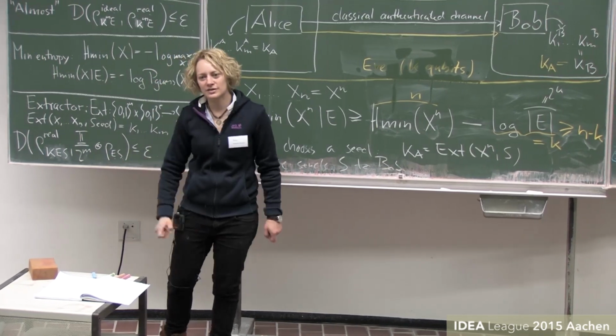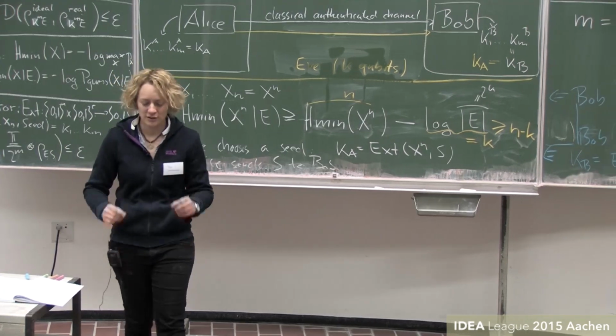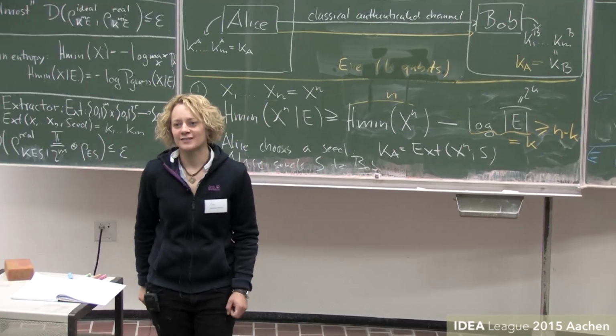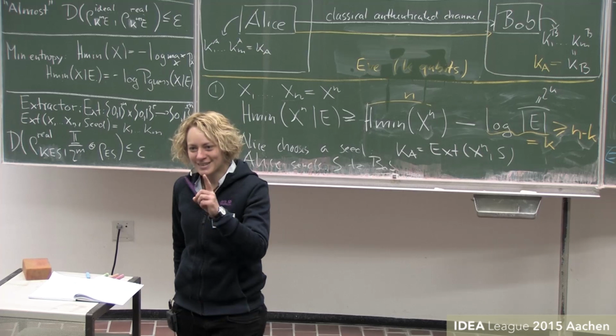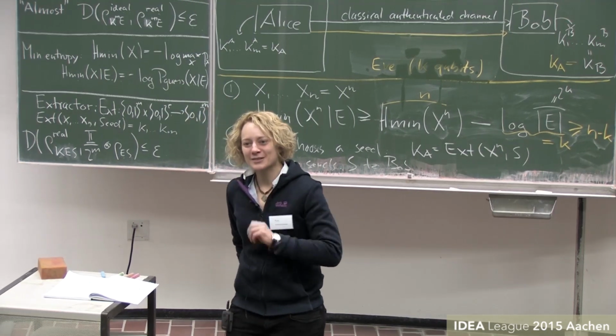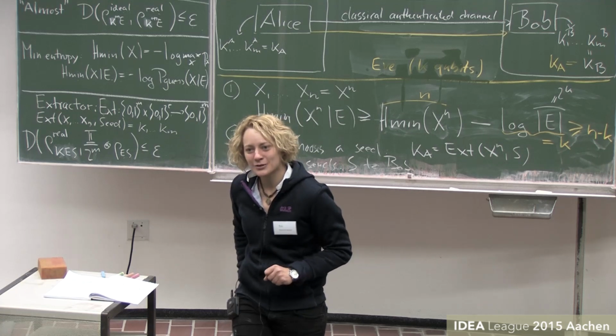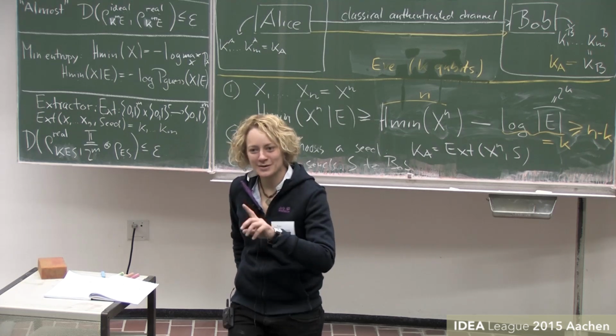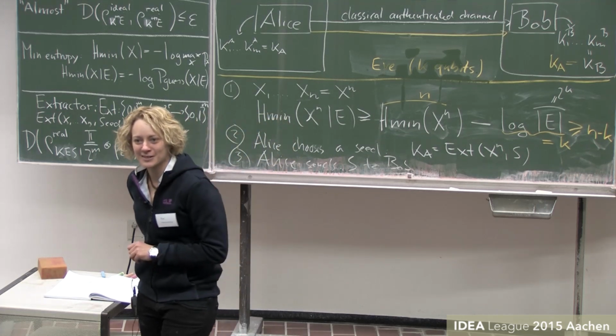So even if Eve knows the seed, she will be very close to being uncorrelated. That's a very good point, because we've made our life simpler here. We don't need to think about this k, we just need to think about the min entropy, and we want to make it large.